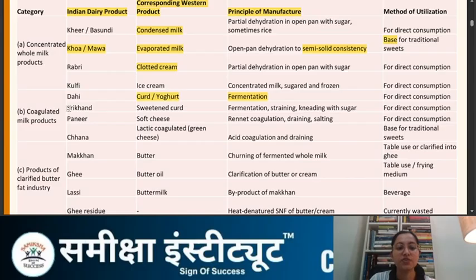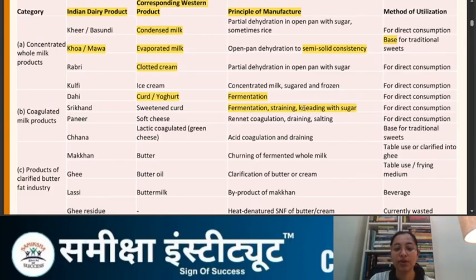In case of Shrikhand, it is sweetened curd. Herein also we go for fermentation, but later on it is also strained and kneaded with sugar. So this is the differentiating factor. In case of dahi, we only go for fermentation, whereas for Shrikhand we go for fermentation, then straining is done, and kneading with sugar.